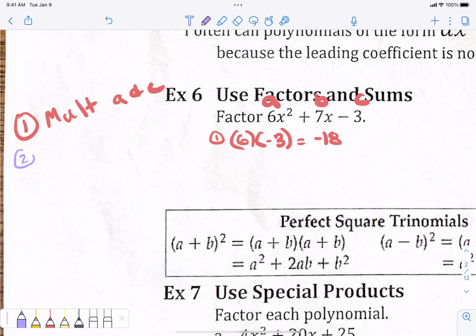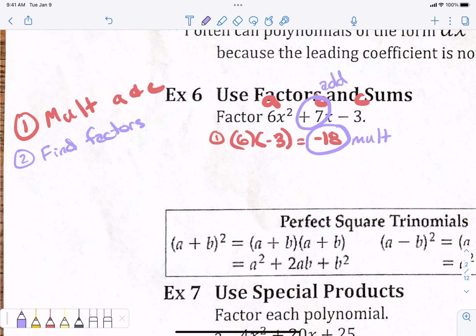Step number 2, I'm going to say find the factors. Okay? So just like we did in simple trinomial, we want to multiply to get -18 this time, but when I add them, give me 7. Multiply to get -18, add to get 7.